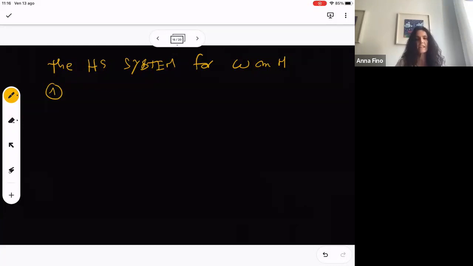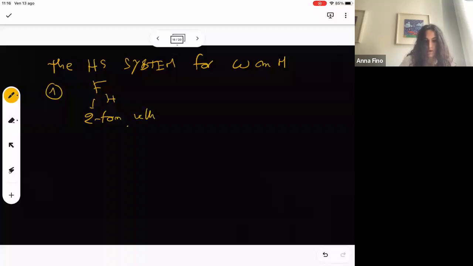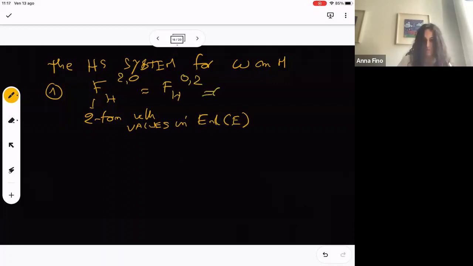Here we use the Chern connection on E, on the Hermitian bundle E with the Hermitian structure H, but in principle you can use other unitary connections. Here F_H is just a two-form with values in endomorphisms of E, and the condition is that the (2,0) part and the (0,2) part are zero.